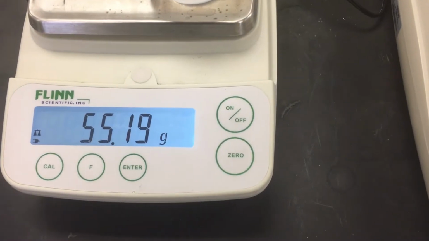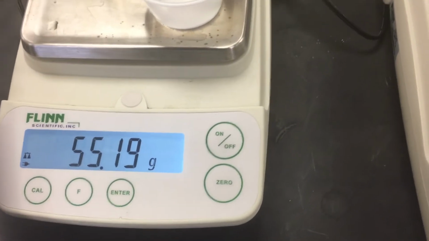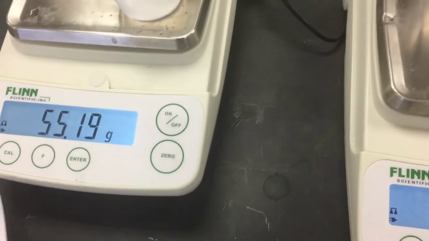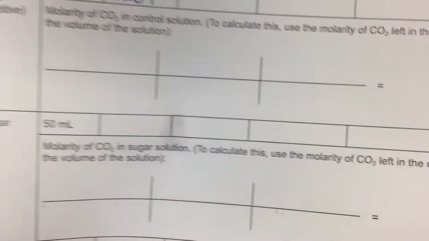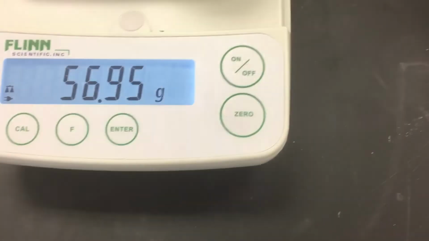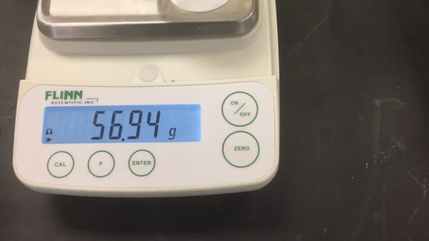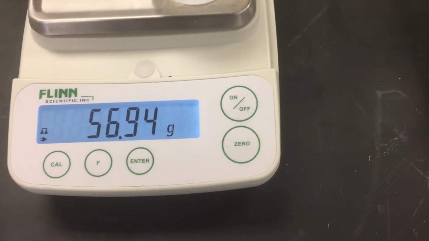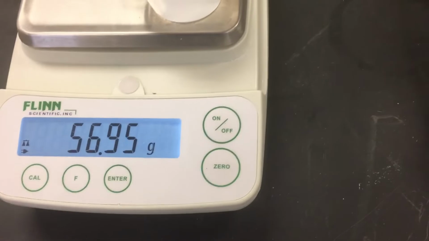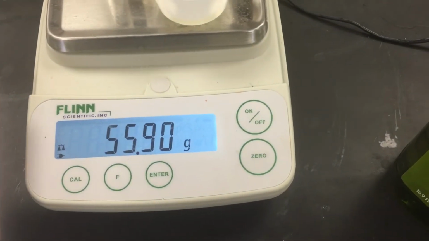So for the initial mass, and this is the Sprite plus the sugar, that's 55.19. So that's for the sugar, and you'd put that in that box next to the 50 milliliters. This is the Sprite and the salt, 56.94, I guess, right now. Or actually 56.95. And then for the oil, we've got 55.90.